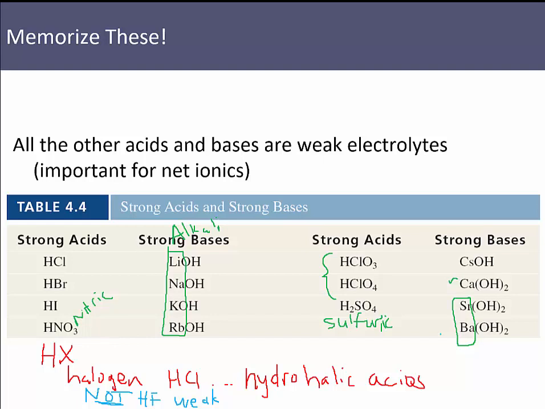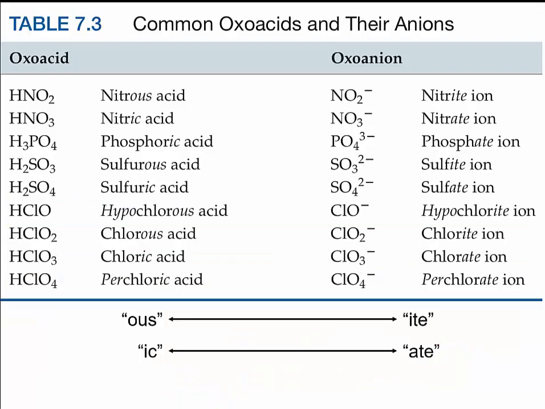Easy. A lot of our oxo anions are going to form corresponding acids when we stick a proton on there as the cation. So if we've got HNO2, that's going to be nitrous acid from nitrite, and nitric acid from nitrate. This guy is going to be strong.